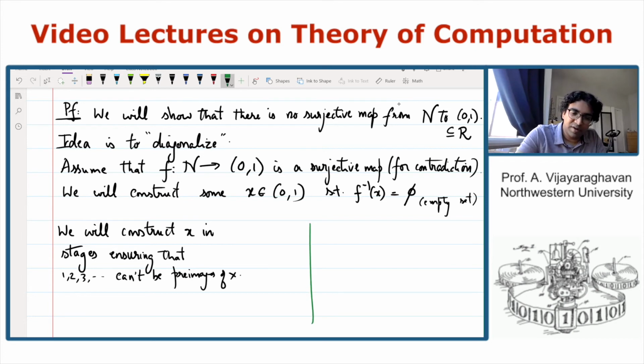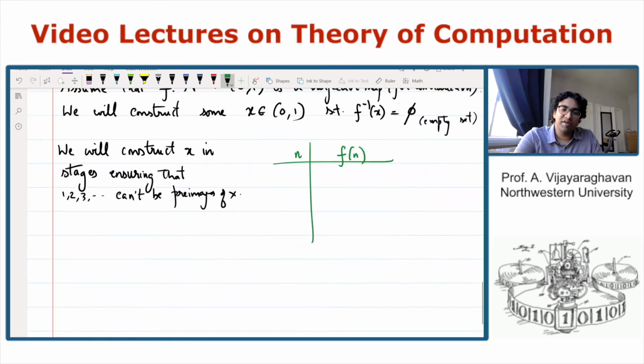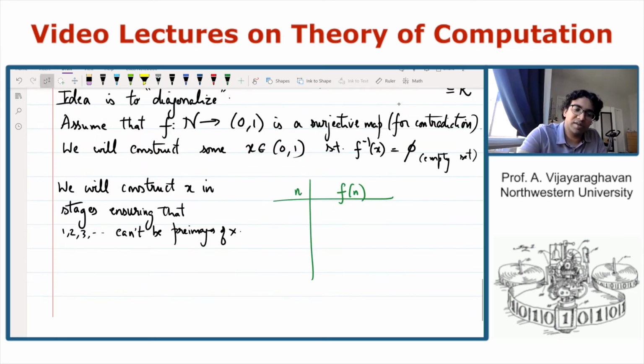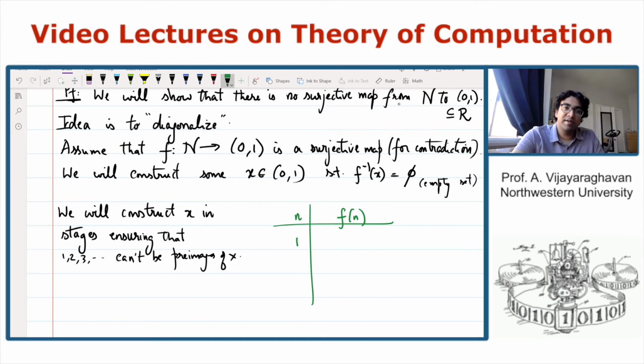Let's look at an example. Maybe we have n, and then the surjective map f of n, and let's look at all the values that it maps to. For instance, 1 is mapped to some number, let's say 0.3451, and so on.